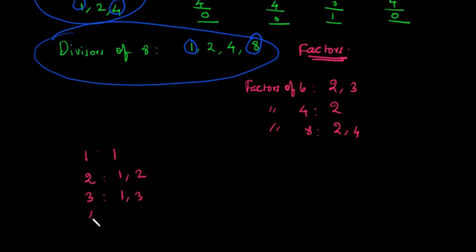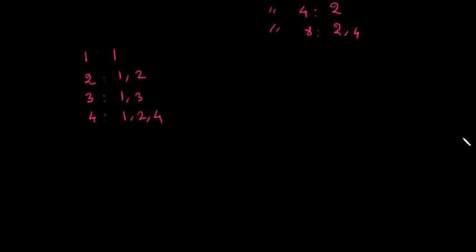The divisors of 4 are 1 comma 2 comma 4. And what are the divisors of 5? 5 is 1 comma 5. What are the divisors of 6? You have 1, because 1 divides 6 without any remainder.